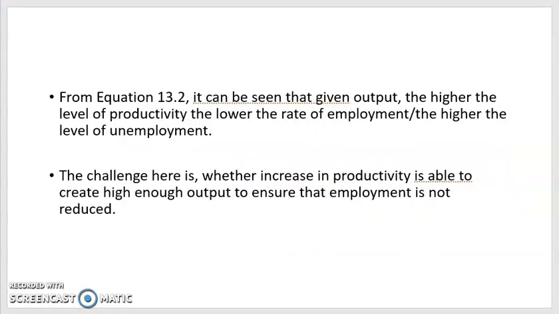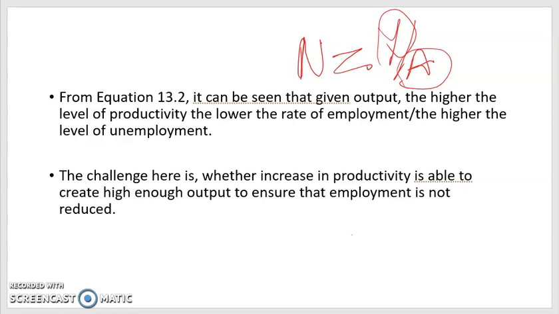From equation 13.2, labor equals output divided by productivity, and it can be seen that given output Y, the higher the level of productivity A, the lower the employment, and by implication, the higher the unemployment. This leads to the question: when productivity increases, does output increase enough to avoid a decrease in employment?